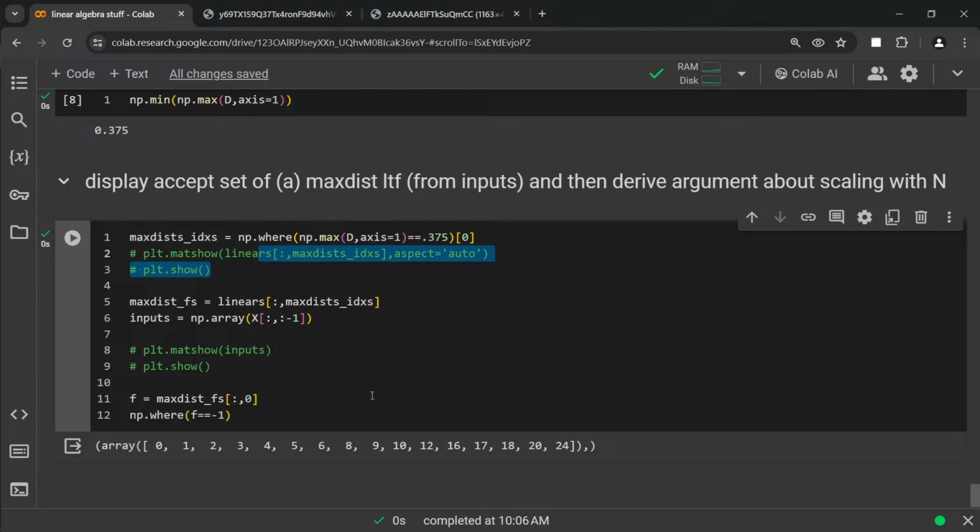Yeah, I'd say that worked. Okay. So then we're going to subset the inputs with this, the rows. And then just plot.